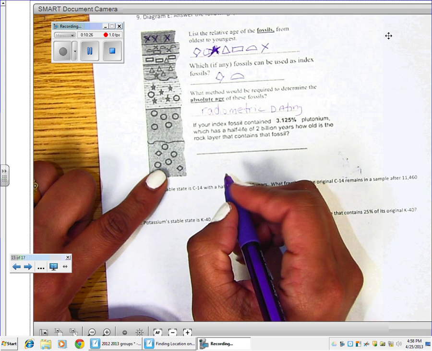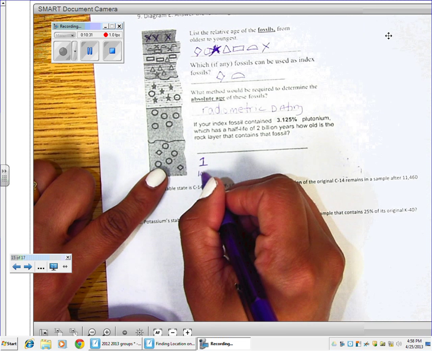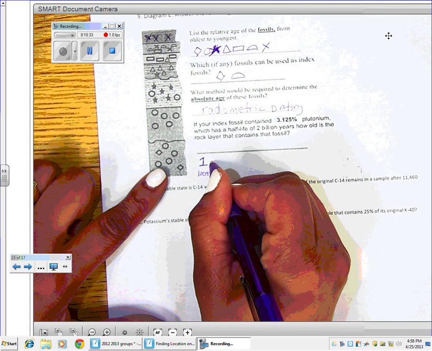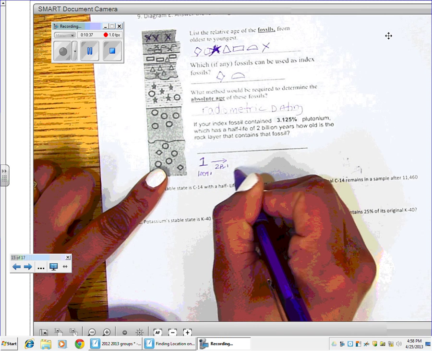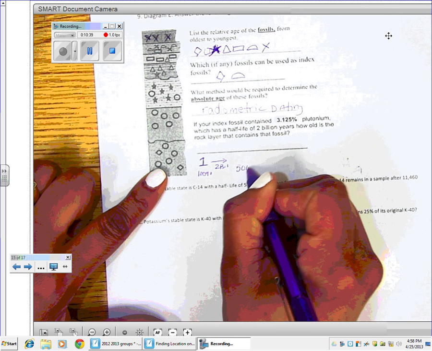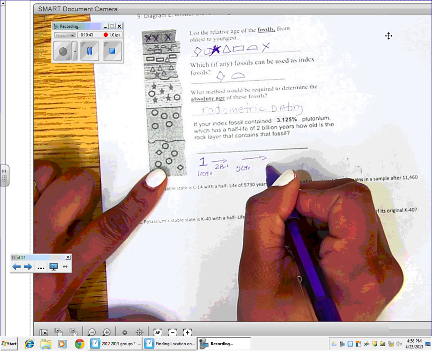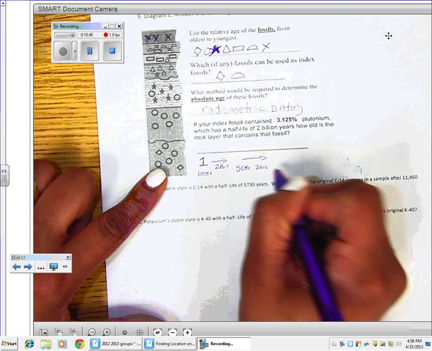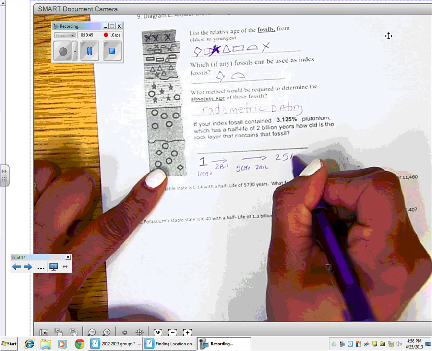Well, we know that in the very beginning we have a whole, so that's 100%. After 2 billion years, we are at 50%. After another 2 billion years, we are at 25%.